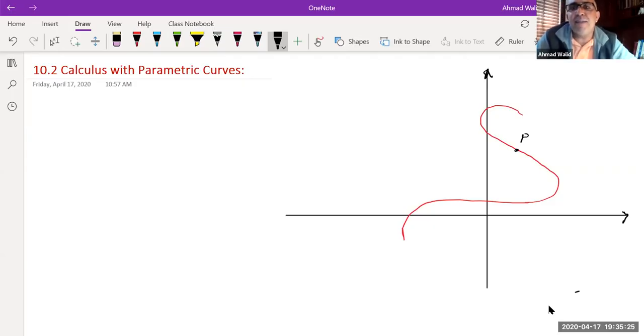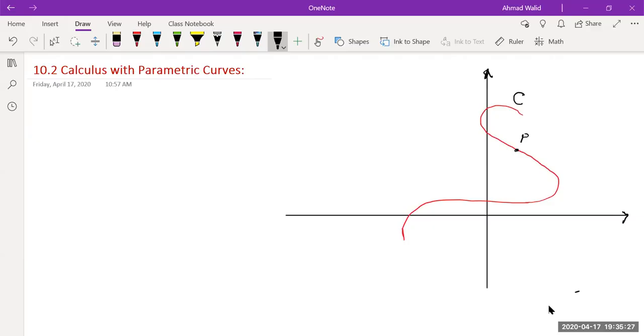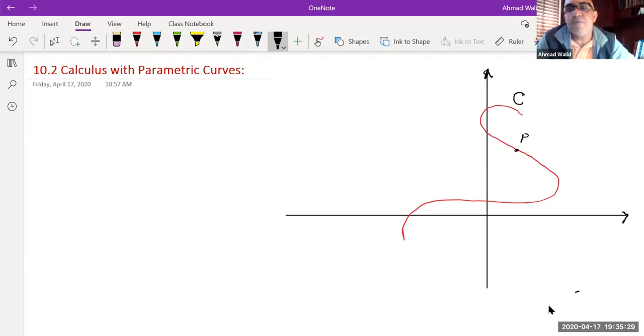Or if I name the curve in general C, is this red curve a function? Definitely no, because it fails the vertical line test, it is not even a function. Now, how do we find, for example, the slope of the tangent line at this point P?